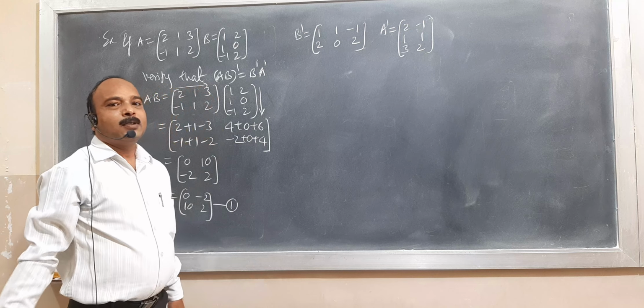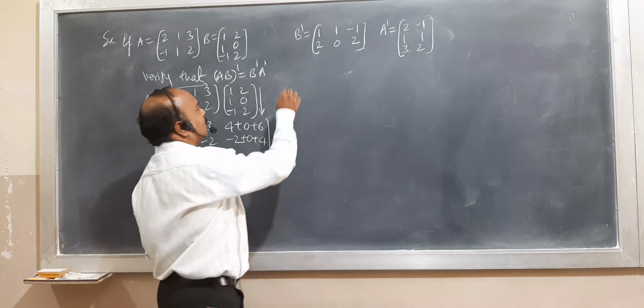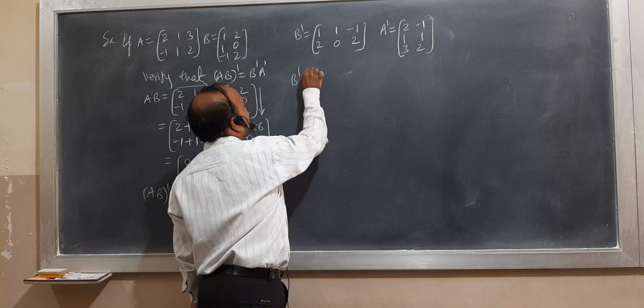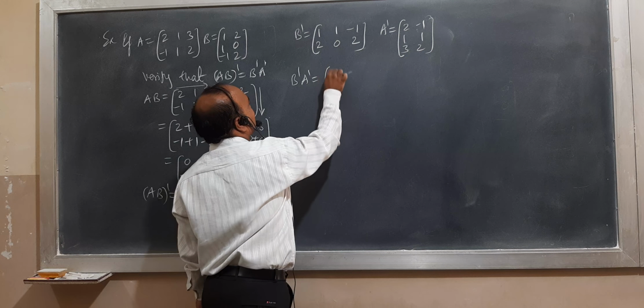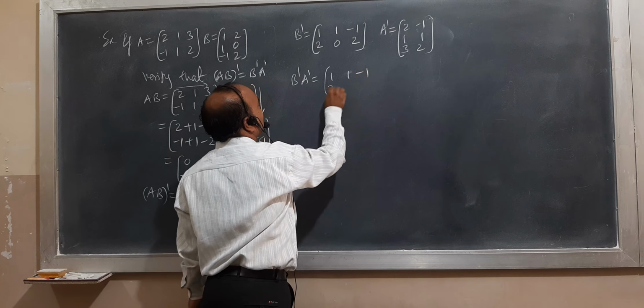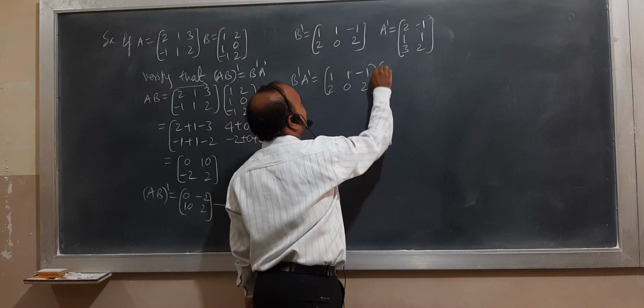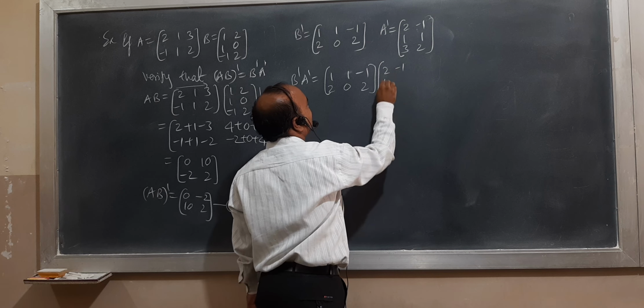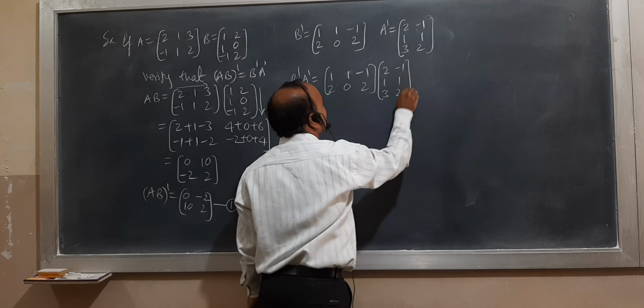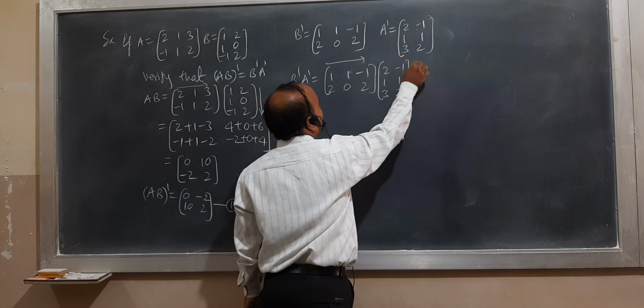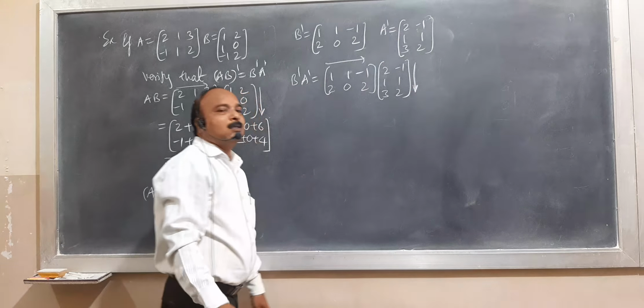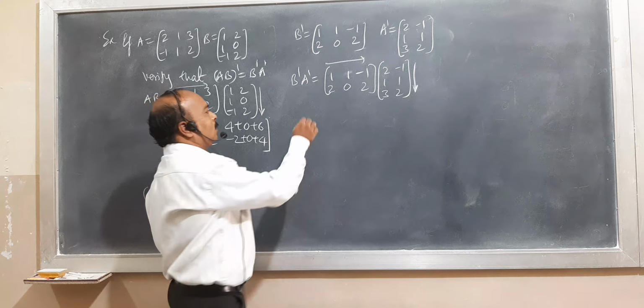Now these are transpose of A and B matrices. Then we go for B' A'. B' is [1 1 -1; 2 0 2] into [2 -1; 1 1; 3 2]. Again we go for multiplication of matrices, row with column.